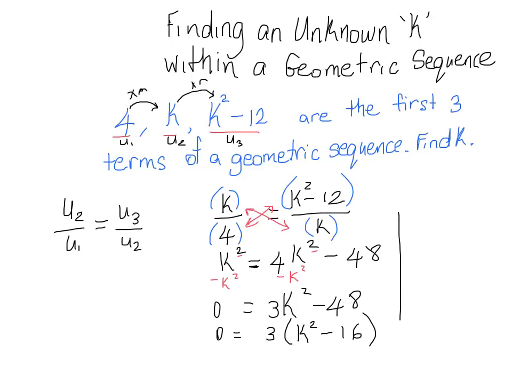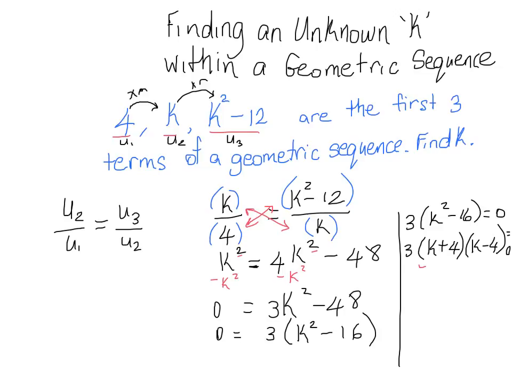I can factor this k squared minus 16, and I get k minus 4 on that side, and k plus 4 over here. And that's equal to 0.